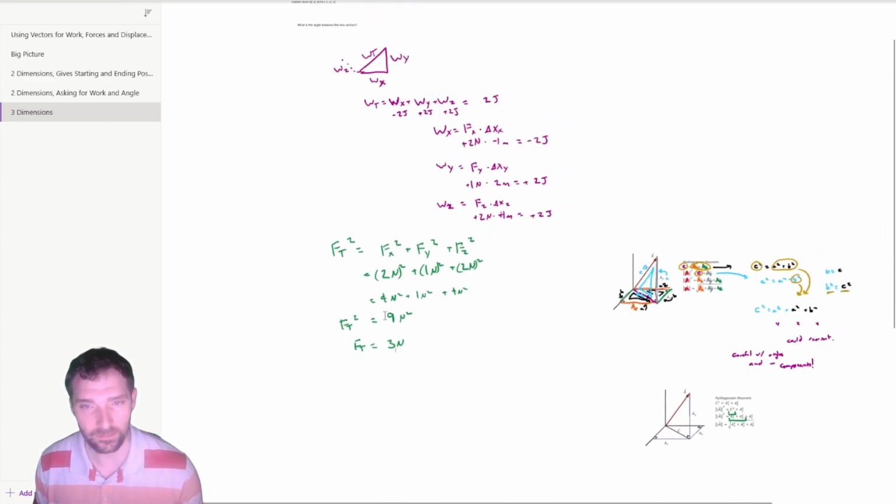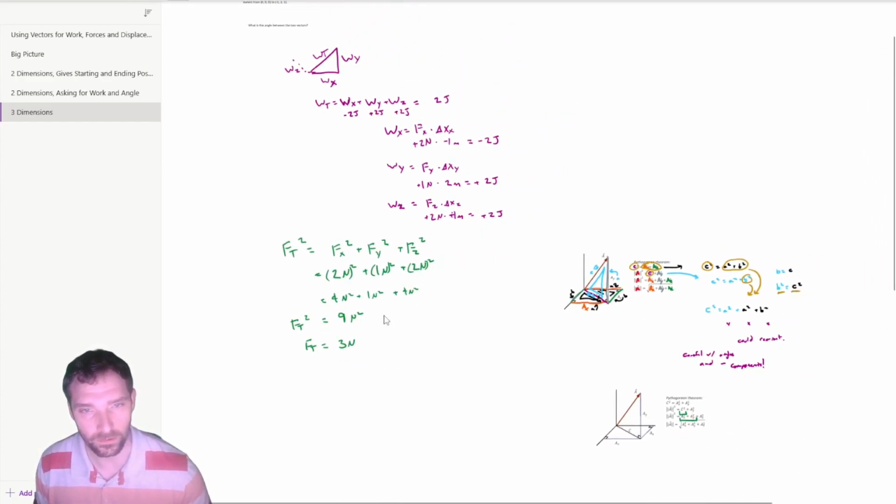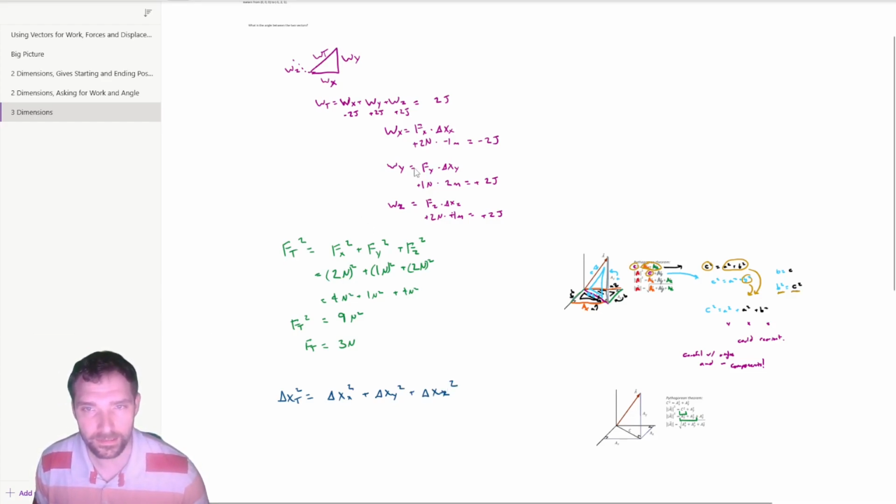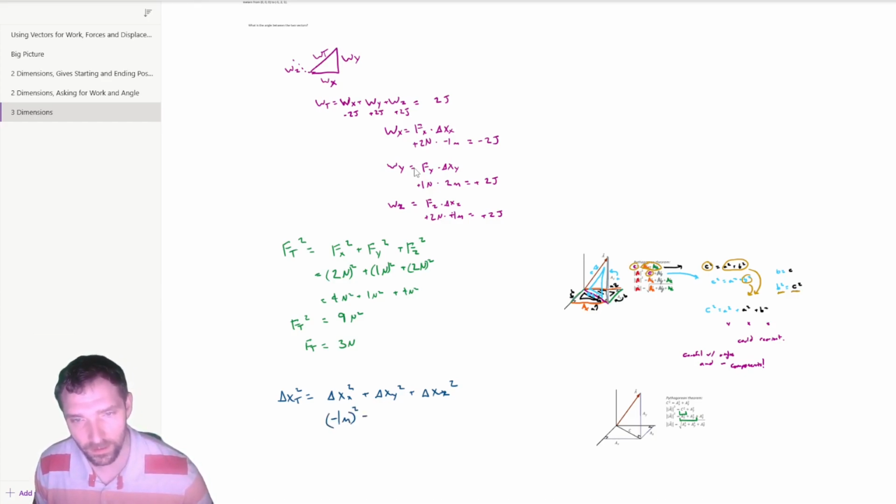And we can do the same sort of idea now, but for the displacement total, that should be squared, and that should be equal to these different components being squared as well. So we've got our displacement in the x-axis, which was -1 meters. That's going to get squared. And we've got the other two also being squared.